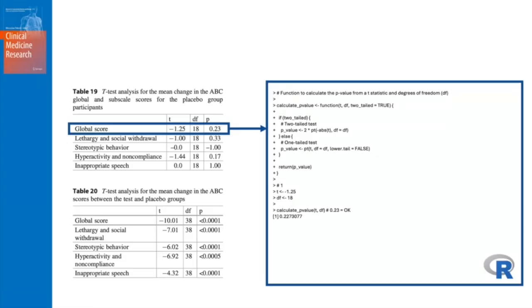I made my own R script to test all those aspects, and if you are interested, I can share it with you. For the global score, I put in minus 1.25 with 18 degrees of freedom, and I found the p-value, which was 0.227, exactly the same as the one reported here. So it passed the test.